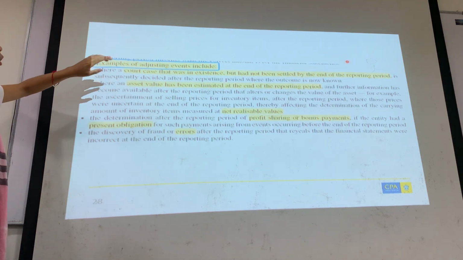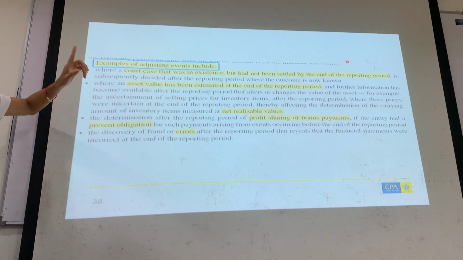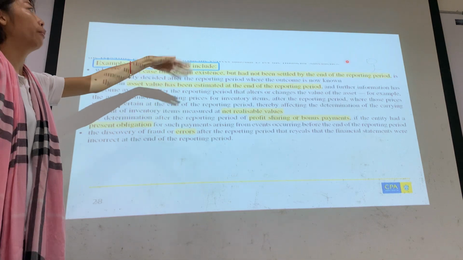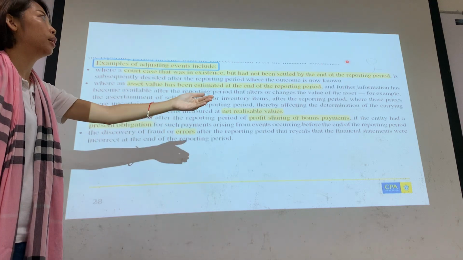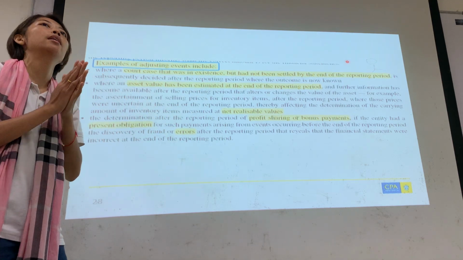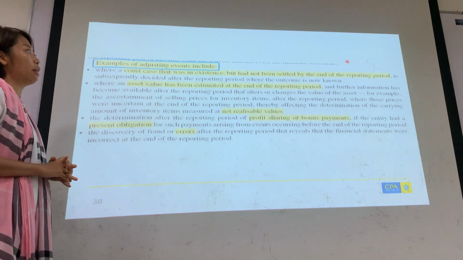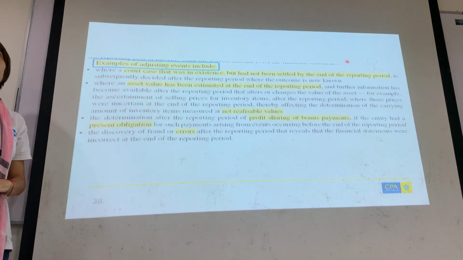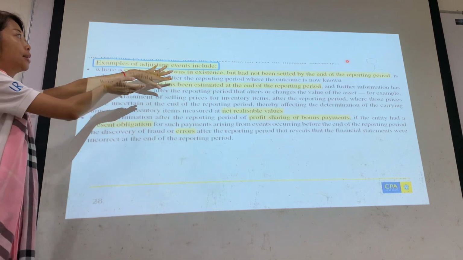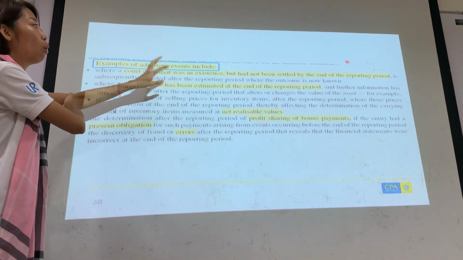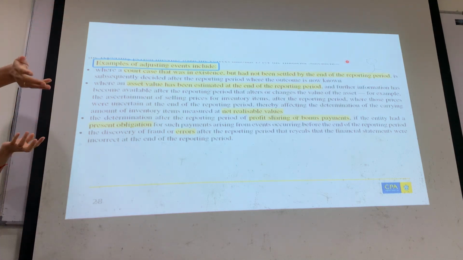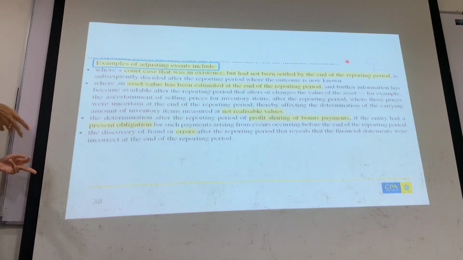Okay, if the customer sued you on 1st of June and then the court case is ongoing, not finished yet, until August, finally closed case, the judge made a decision that you have to compensate that person, adjusting event, like that. So you see the existence, whether this thing exists already at the end of the year, and then you have a further evidence, maybe in August or whatever, like that.